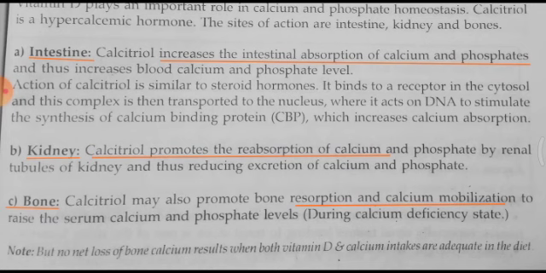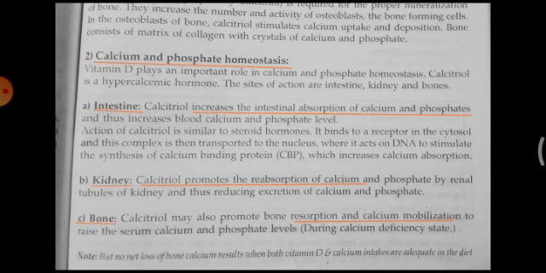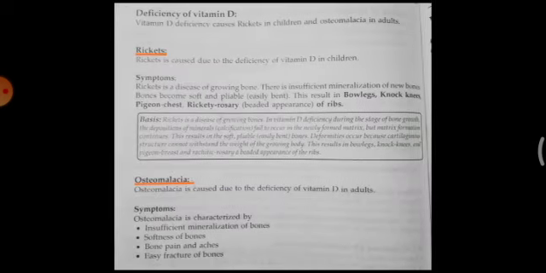So for each of these three locations, intestine, kidney or bone, the key word is calcitriol. That means it involves calcium related metabolism with the help of vitamin D.